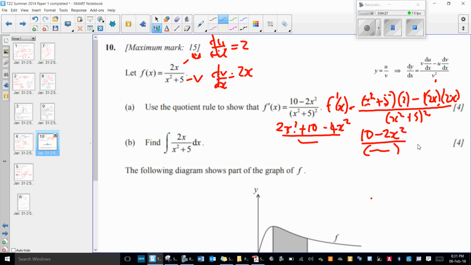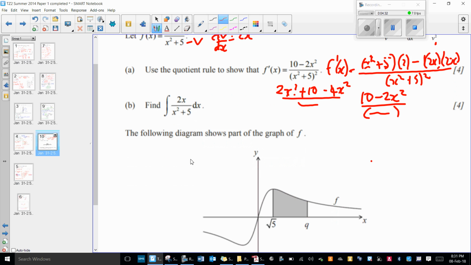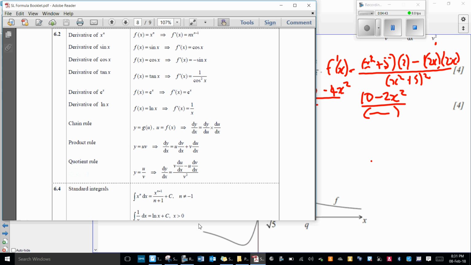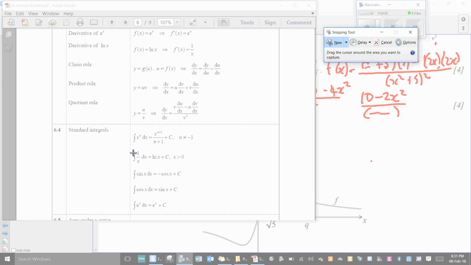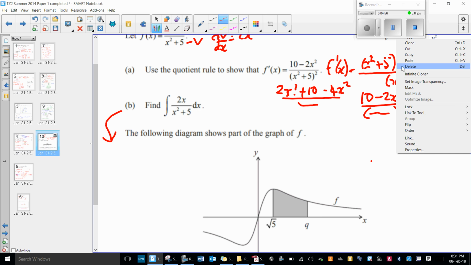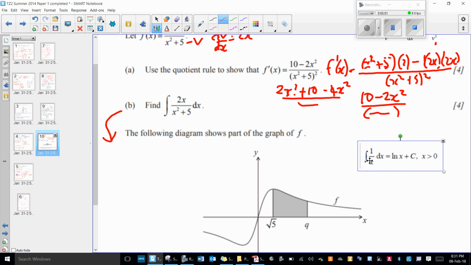Find the integral of that. Okay, let's see if we can fit that in here. So let's remind ourselves. Integral. So if we've got the integral of 1 over a function, it's going to be ln.